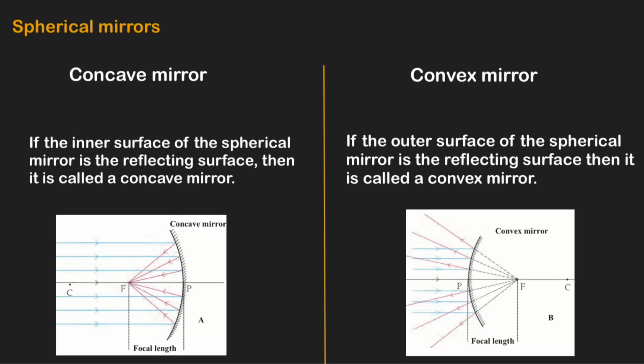Here you can see in this picture the inner surface is the reflecting surface, so this type of mirror we call a concave mirror. Now the next mirror is the convex mirror. If the outer surface of the spherical mirror is the reflecting surface, then it is called a convex mirror. Here the outer surface is reflecting. That's why we call it a convex mirror.